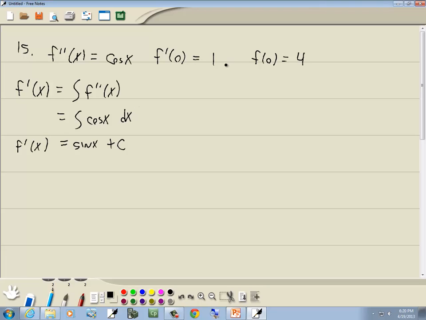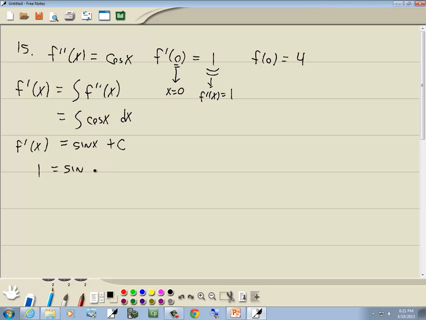Now our initial condition, we have two initial conditions. This one applies to the first derivative. The number that's inside of your parentheses, that's your x. So they're telling us x is equal to 0. And what's on this side is going to be your f prime of x. So f prime of x is equal to 1. Specifically, it's here f prime of 0. But for purposes of this notation here, it's f prime of x. So we'll put 1 in for f prime of x.